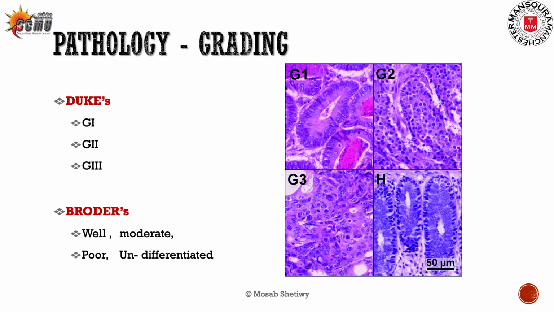So this is a poor or undifferentiated tumor. This broader grading is nowadays being adopted because it divides tumors into two categories rather than three: well or moderately differentiated tumors, or poorly or undifferentiated tumors.